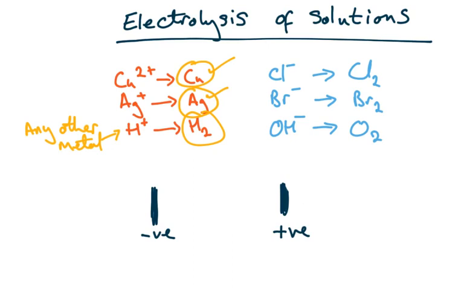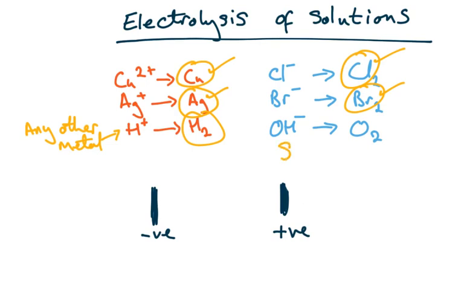The same for when we're looking at our negative ions. So if it has a chlorine or a chloride in the name or in the formula, then it's going to be chlorine that comes off. Again, the same for bromine or bromide, that's going to come off if we see it in the chemical name or the chemical formula.